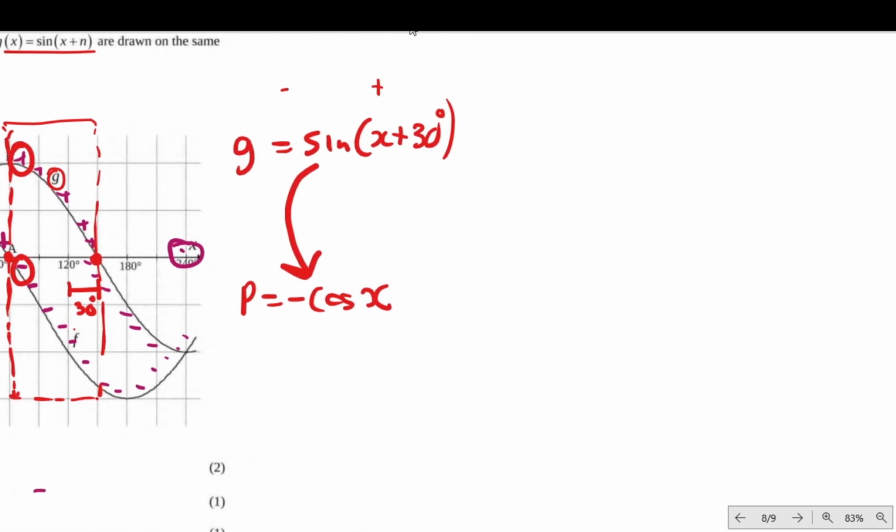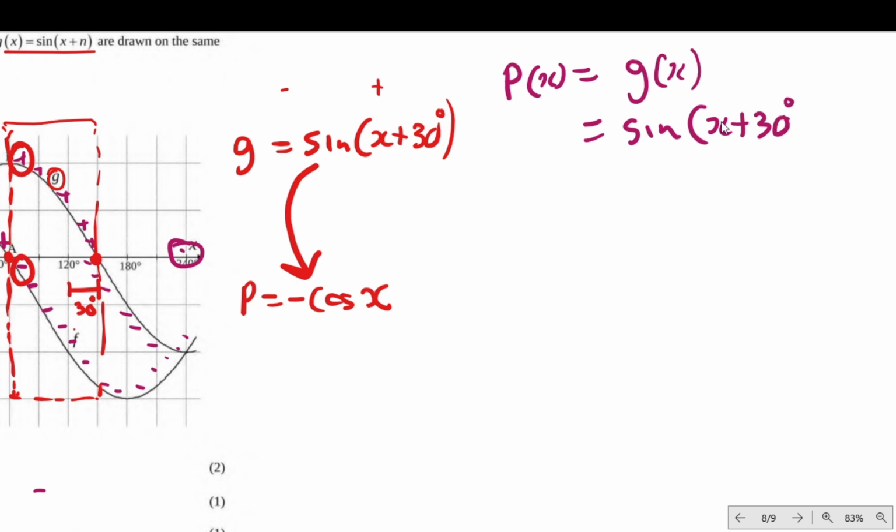So if we want to determine the graph of p of x, it's going to be equal to the graph of g of x, which is equal to sine of x plus 30 degrees, right? So for us to experience a shift, or a transformation rather, that will give us this equation, we add 60 degrees here.